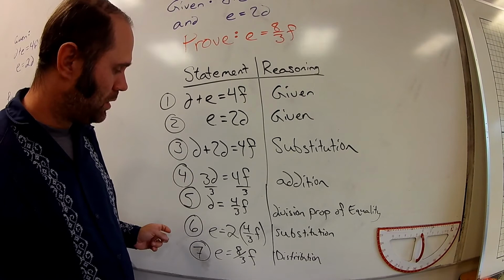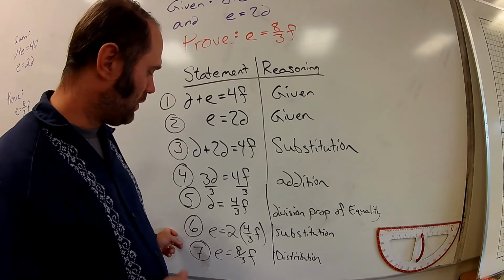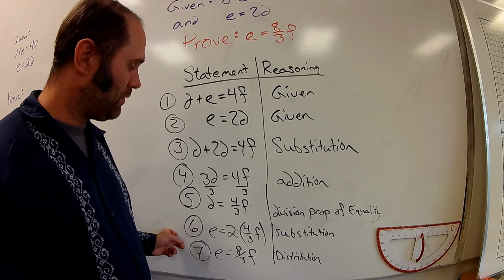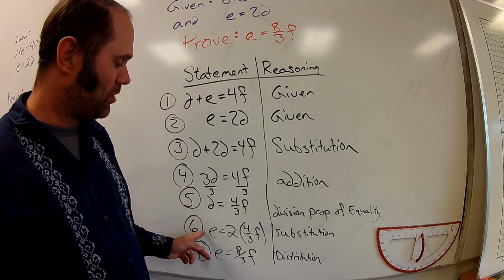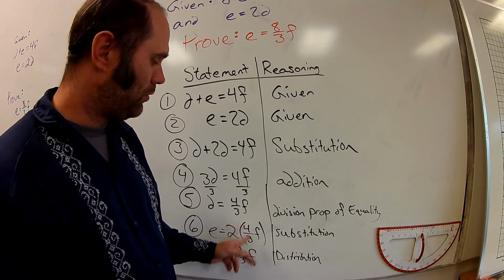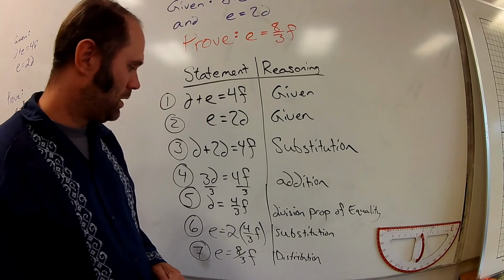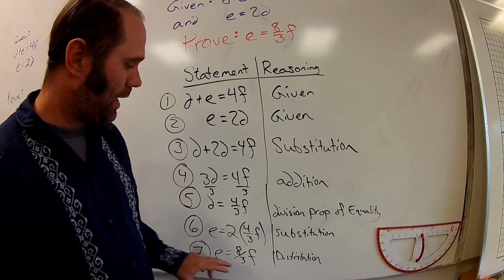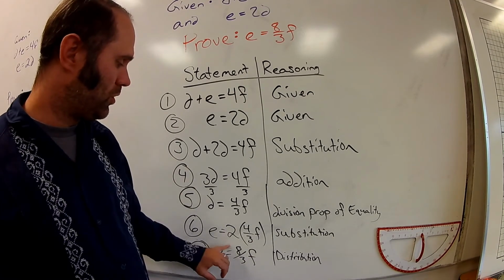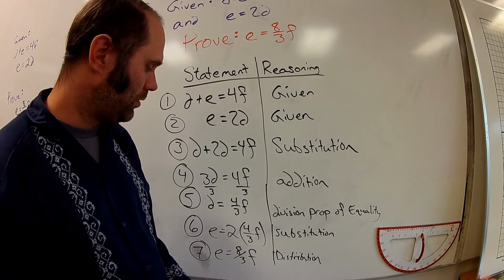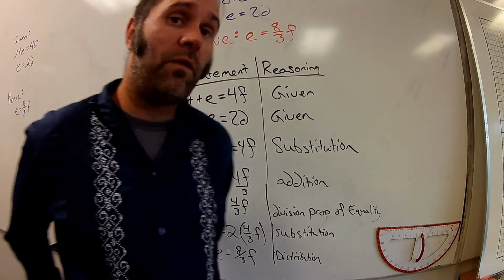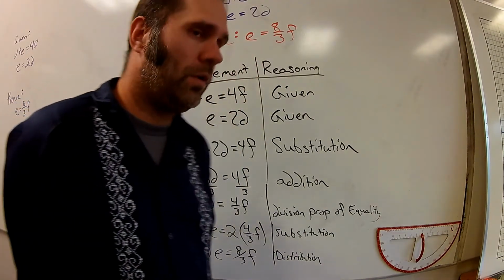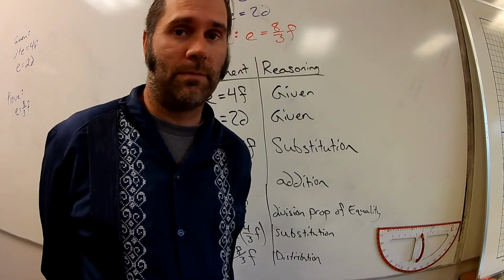Next, I substituted in the value of D, which happens to be 4/3 F, in for D, and I got the equation E equals 2 times 4/3 F. The last thing I did was that I distributed the 2, and I got E equals 8/3 F. Therefore, I know that E does equal 8/3 F, and it is proven.